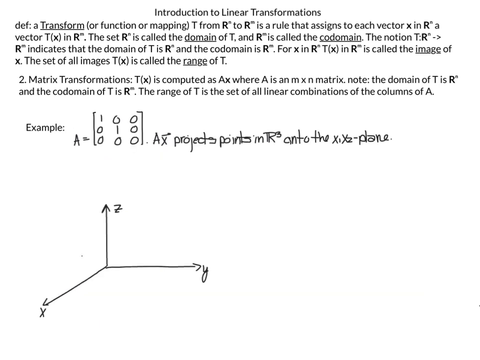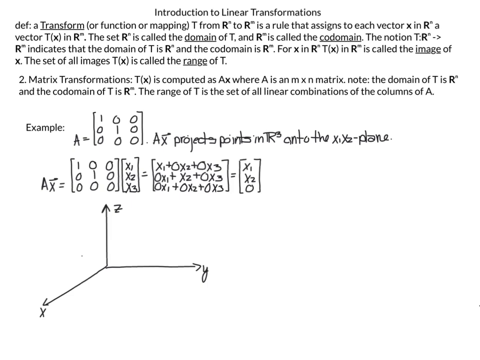This next example is one of the basic kinds of transformations that you want to be familiar with, the one where you have zeros except along the diagonal where you have some ones. In particular, this matrix projects points in R3 onto the x1, x2 plane.